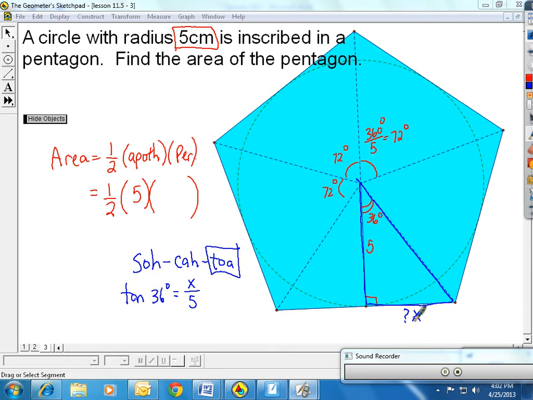Now let's solve this. Multiply by 5 on both sides to get 5 times the tangent of 36 degrees equals x. Then go to your calculator, take the tangent of 36 and multiply that by 5. x is approximately 3.63 centimeters.